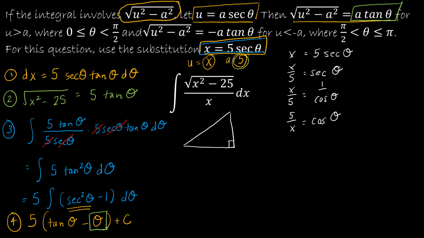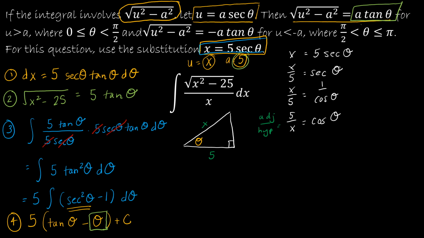So that's going to help me with wherever I decide to put theta, which has to be one of the acute angles. Cosine, if you'll recall, is adjacent over hypotenuse. And therefore, according to my picture, this guy would be 5 and this guy would be x.